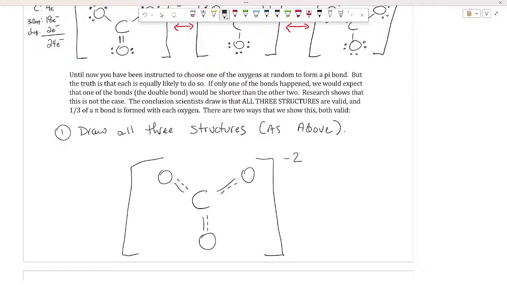But now think about it. If everything has to make that, this bond is only there 1/3 of the time. And this bond is here 1/3 of the time, and this bond is here 1/3 of the time, right? Which means this has a formal charge of what? This is where it gets weird.